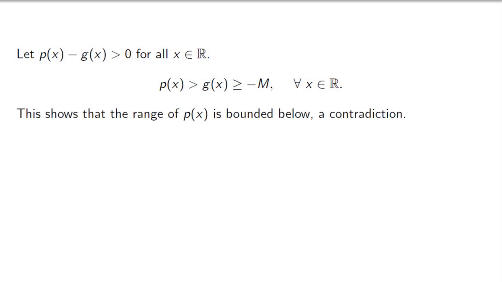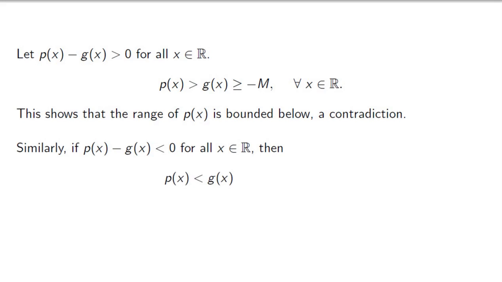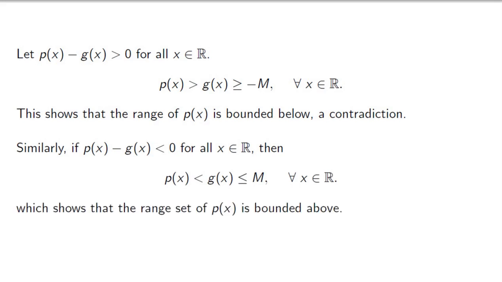Similarly, for the case p(x) minus g(x) less than 0 for all x in R, we can show that p(x) is less than g(x), which is less than or equal to m for all x in R, and this again shows that the range of p(x) is bounded above.